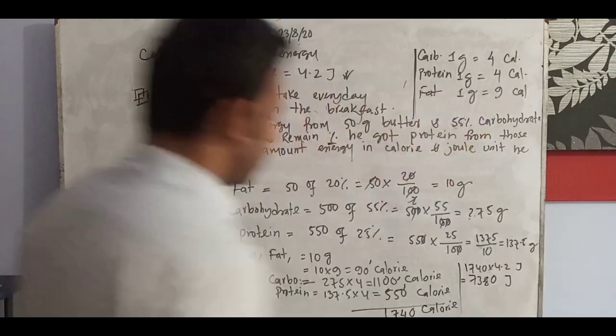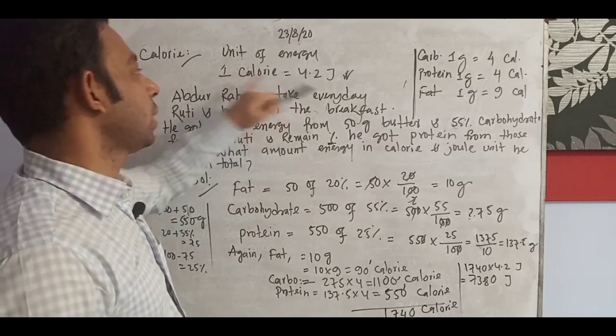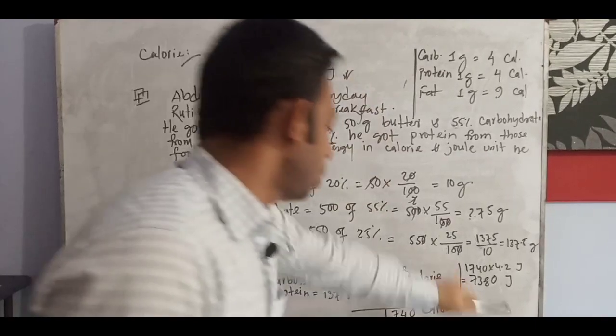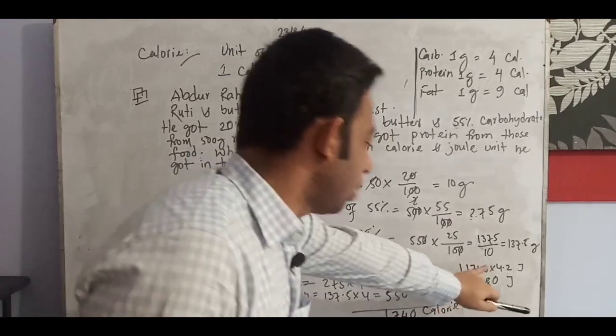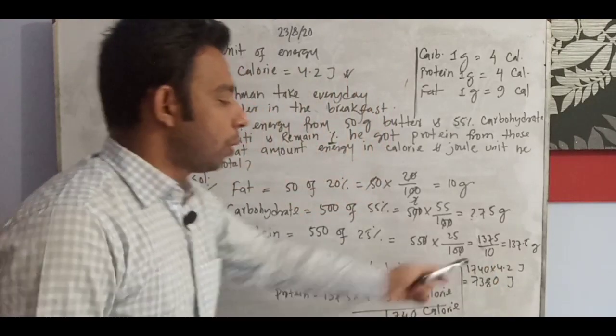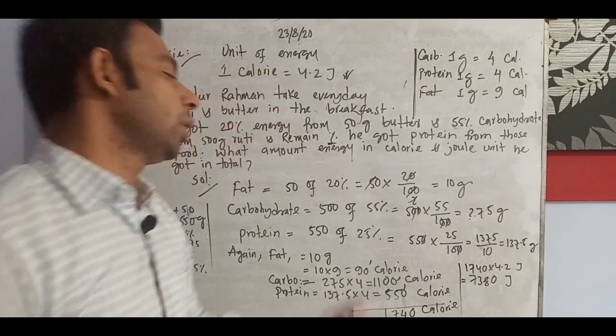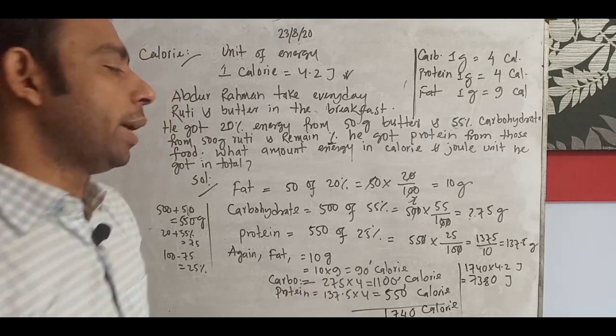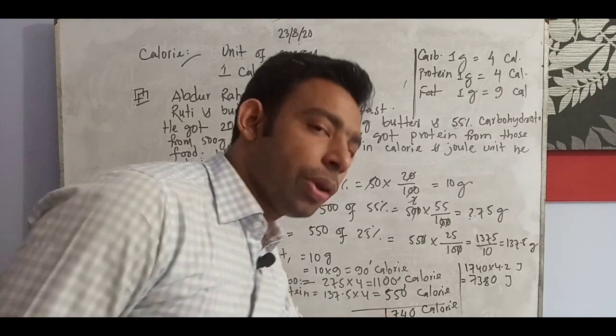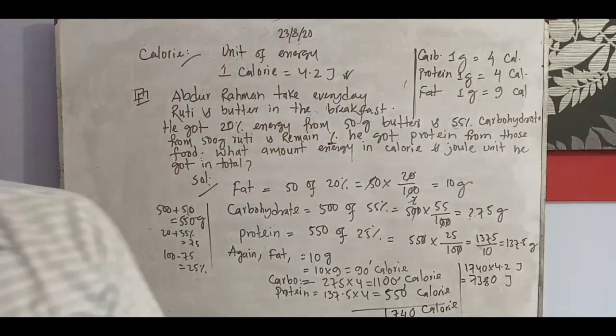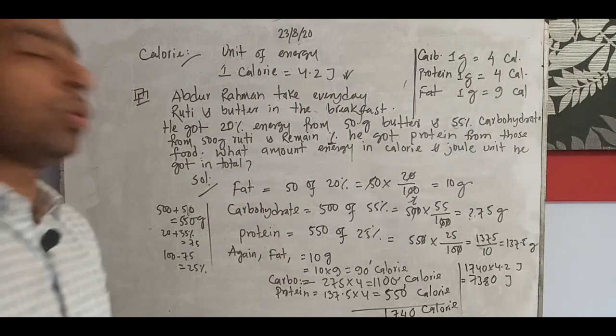That means since the calorie and joule relation is 1 calorie equals 4.2 joule, so this calorie, 1740 into 4.2 joule, equals 7308 joule. If it is in calorie unit or joule unit, whatever it is asking for, you must do it that way.